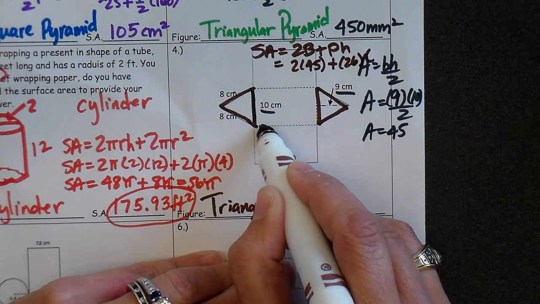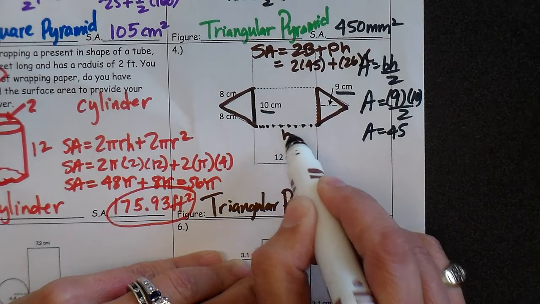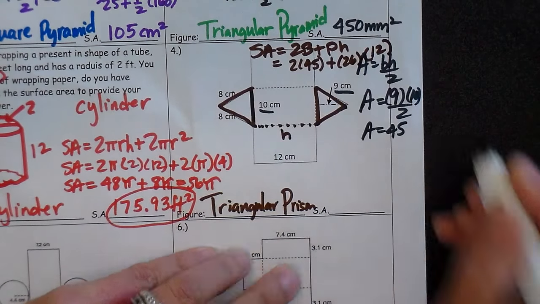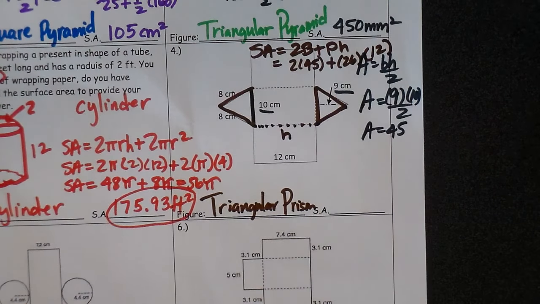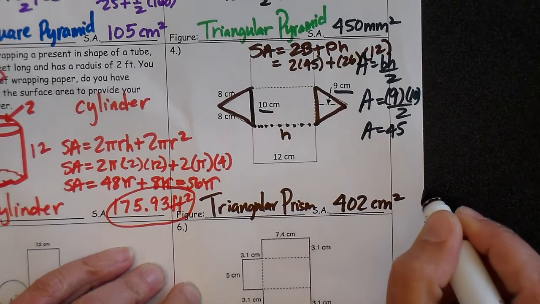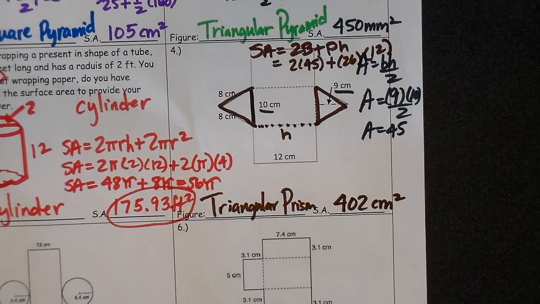And remember, the height is the distance between the bases. So the height is 12. So I'm going to enter that in my calculator: 90 plus 26 times 12. And that will give me 402 square centimeters. And that is your answer for the surface area total of the triangular prism.